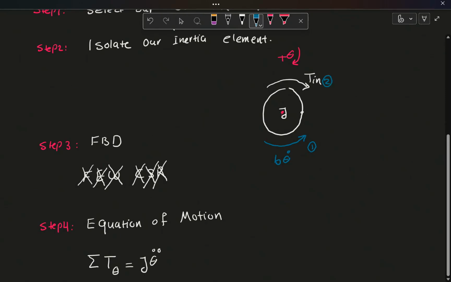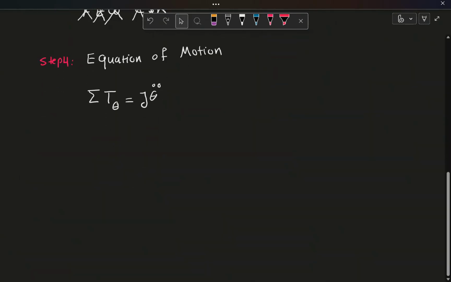So there are two torques, which in this setup, B theta dot is in the negative theta direction and T input is in the positive theta direction. So I'll bring them down here with their signs. Yes, positive T input, negative B theta dot equals J theta double dot.